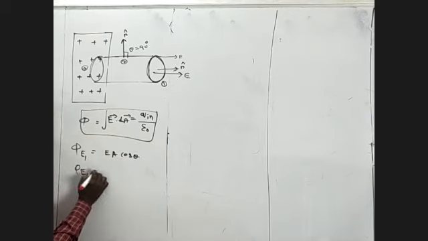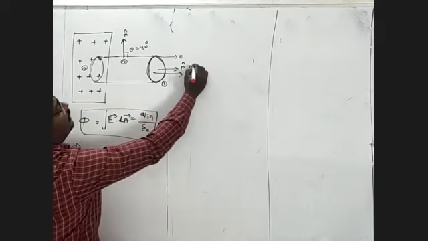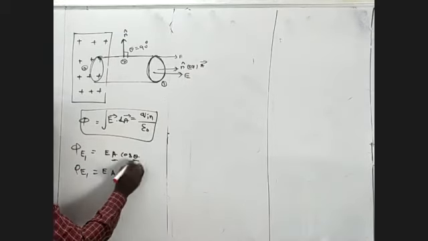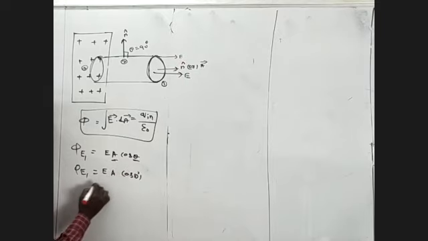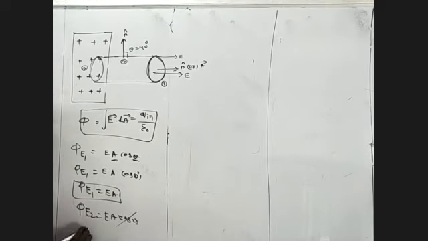So phi 1 is equal to E A, since the electric field and the area vector n cap are in the same direction. What is the angle between E bar and A bar? 0 degrees, and cos 0 degrees is 1. So phi 1 is equal to E into A. Next, phi 2: E A cos 90, and cos 90 is 0. So phi 2, the flux, is 0.